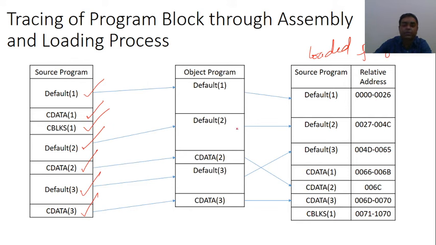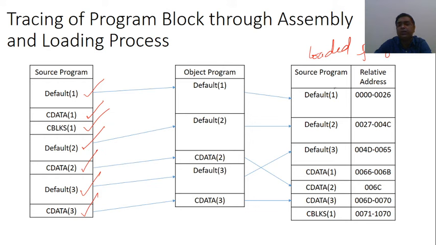Then default 2 is loaded from 0027 to 004C. Then default 3 is loaded from 004D to 0065. Then C data 1, or you can say the space for C data 1, is reserved. Then the code for C data 2 is loaded, then C data 3 is loaded. Then space for CBLKS is reserved.